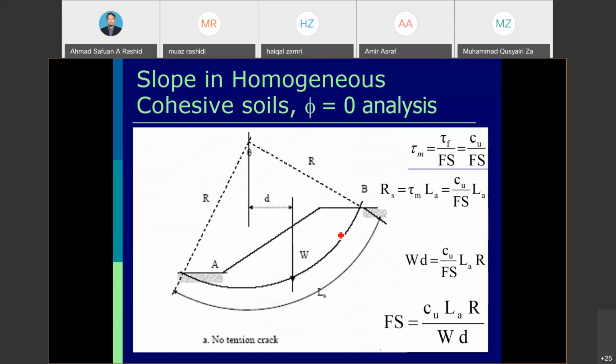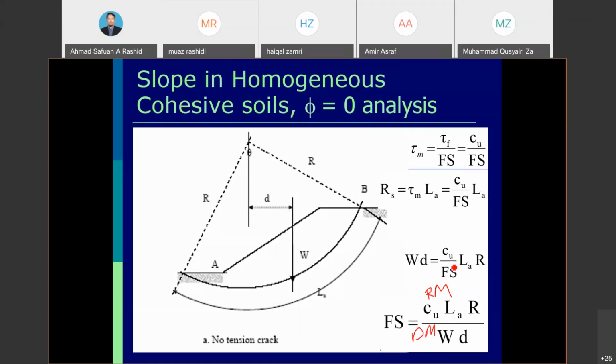And the formula for no tension crack is Cu La over R times R, over WD. This is the resisting moment, while this is the driving moment.